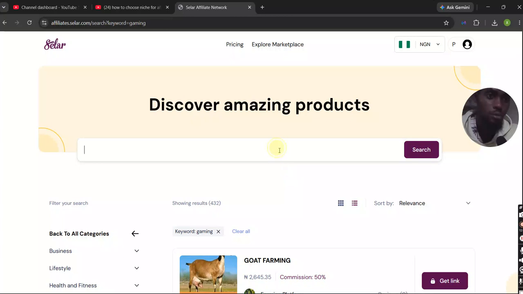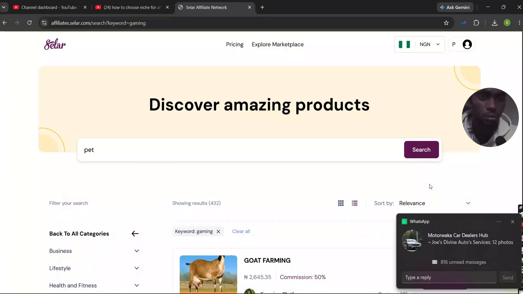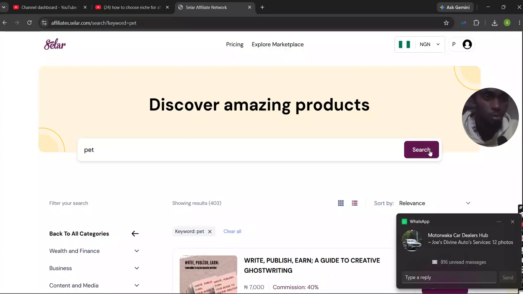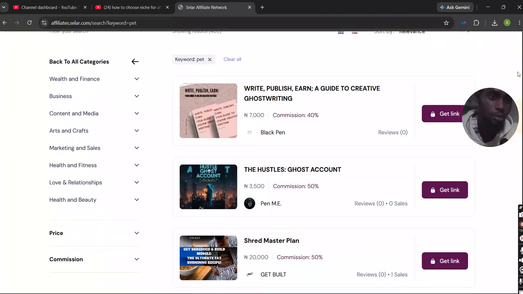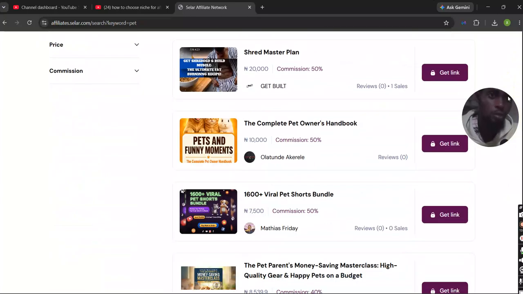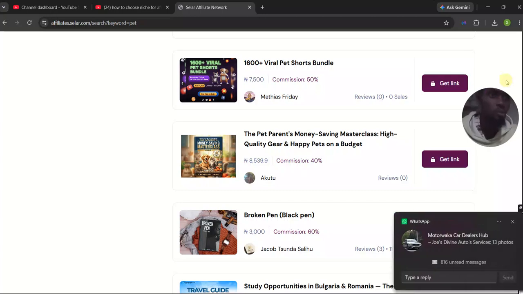But let's search for pets. Okay, this is a complete pet owners handbook. All of these are digital products, of course. I'm going to share software also that does stuff like this.